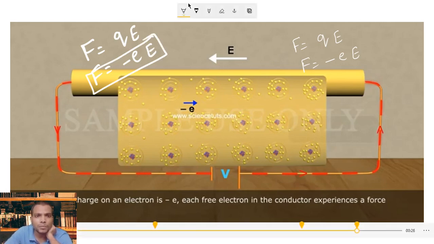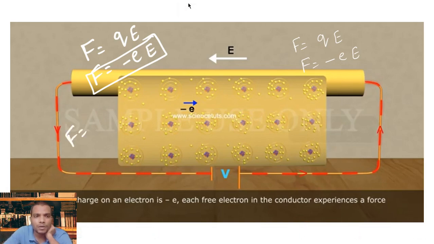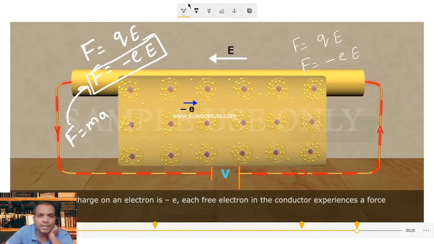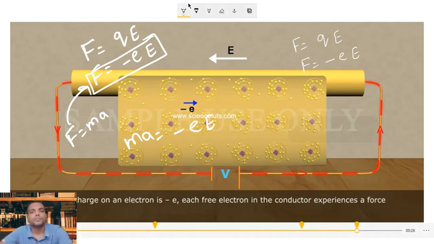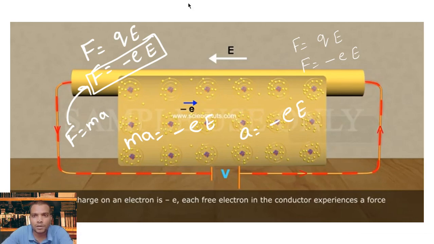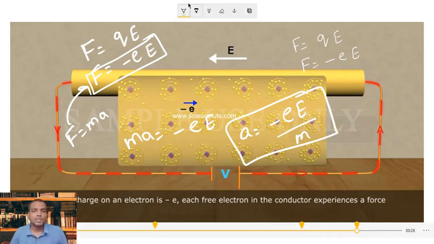If this is the force, what about the acceleration? How can we write acceleration? From Newton's law, F equals ma. So these two are forces, we shall make them equal. Therefore, ma equals minus eE. Now from this expression, can we write the acceleration? Acceleration a equals minus e, the charge of the electron, times the electric field, upon the mass.